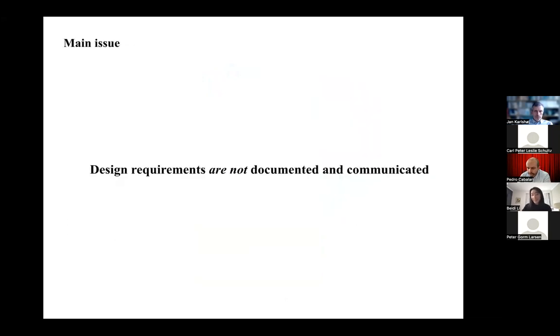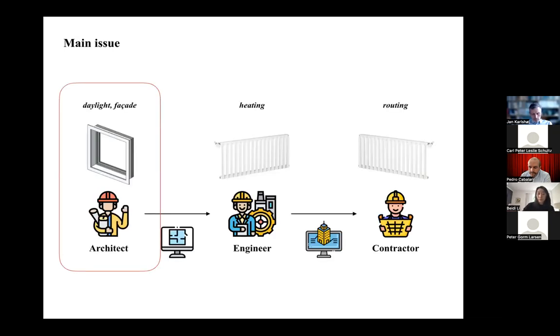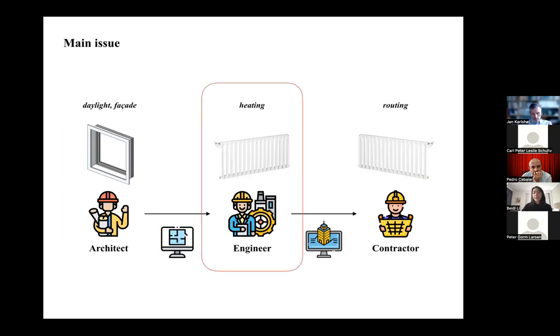This is a very common issue in building design, because when the building undergoes different stages of design modification and refinement, the design requirements are not documented and communicated, but only the physical models, which contain the physical manifestation of a building. So an architect might place a window because they want to optimize daylight or facade. But when the design is passed down to the engineer, they add a radiator which provides heating to the space.